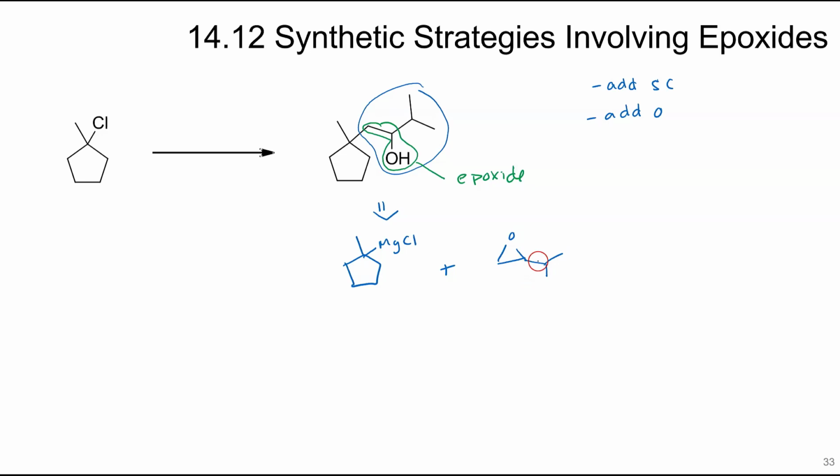We can go back to this structure here. There was no restrictions on carbon minimums or maximums. So if I want to do this synthesis in the forward direction, I will add magnesium to form the Grignard. Add the epoxide, followed by water.